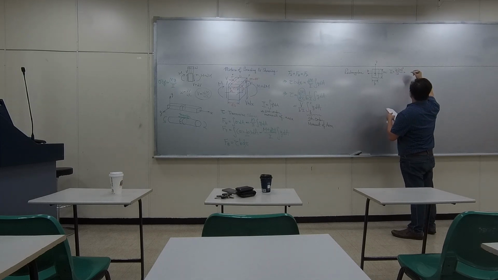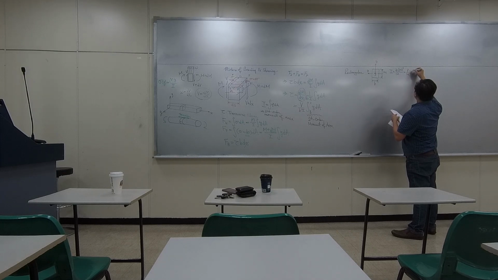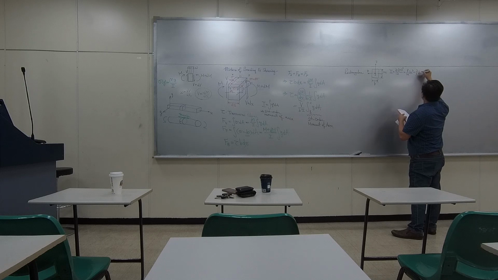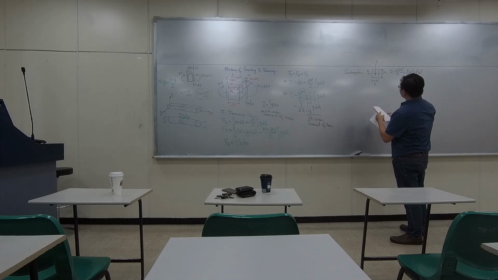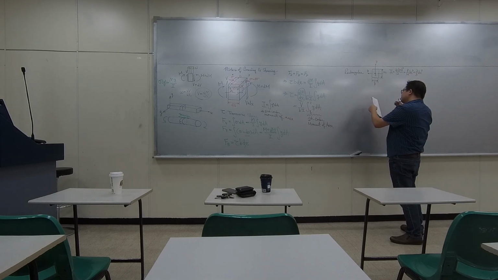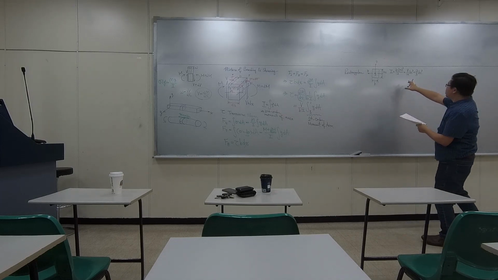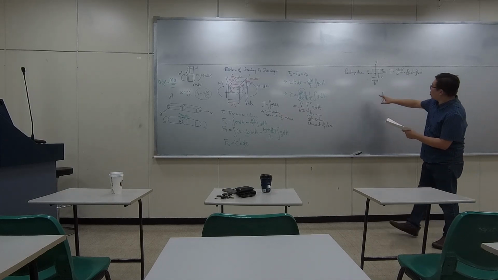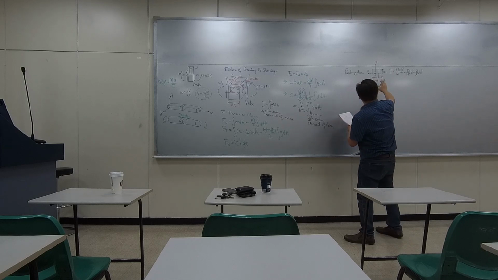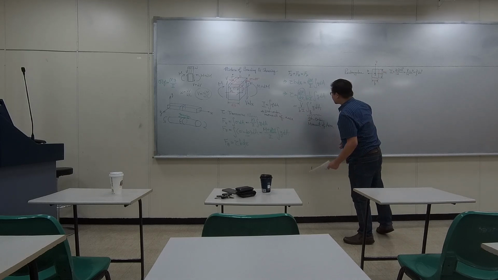So this is actually 1/12 times 2b times c cubed, so it's actually 2/3 bc cubed, okay? And this reminds you what is I for a rectangular section, following our coordinates here.